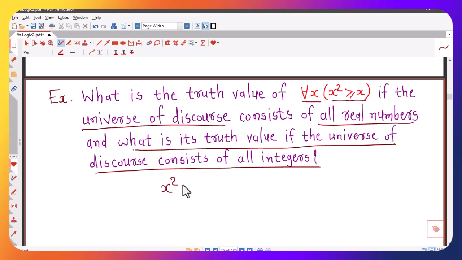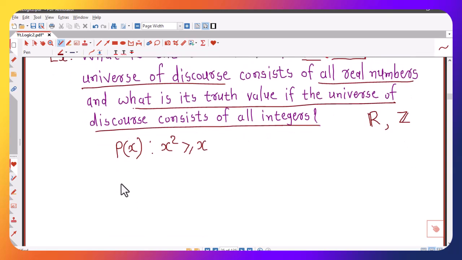The statement function is x square is greater than or equal to x, which we can denote by capital P(x), and the domains are, first we have to check the truth value for x in the set of real numbers, and then we have to check for the set of integers.